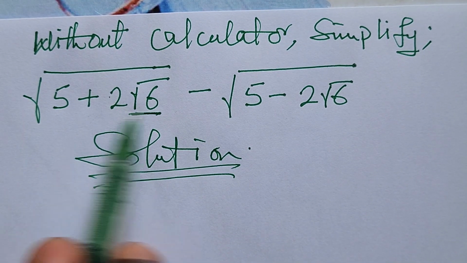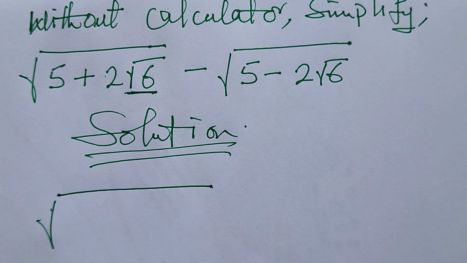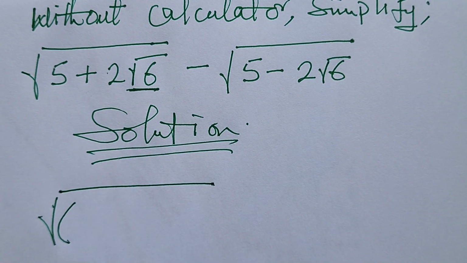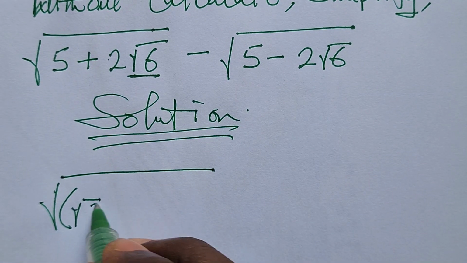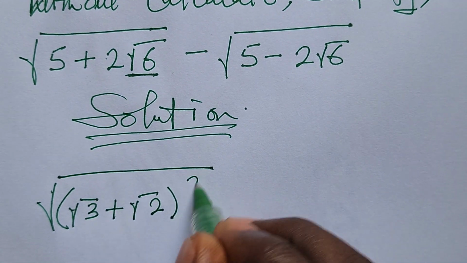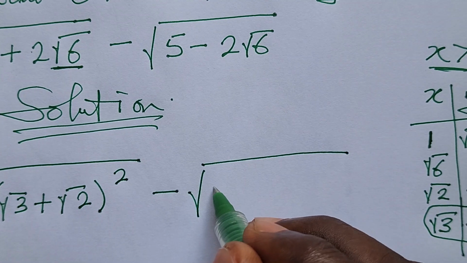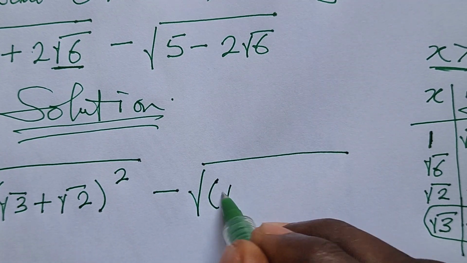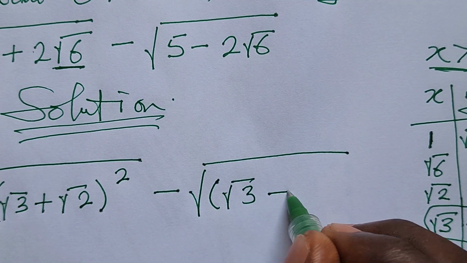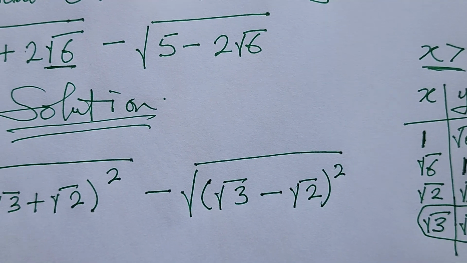So from here, we now have the square root of the bracket, square root of 3 plus the square root of 2, all squared, then minus the square root of the bracket, the square root of 3, then minus the square root of 2, all squared.